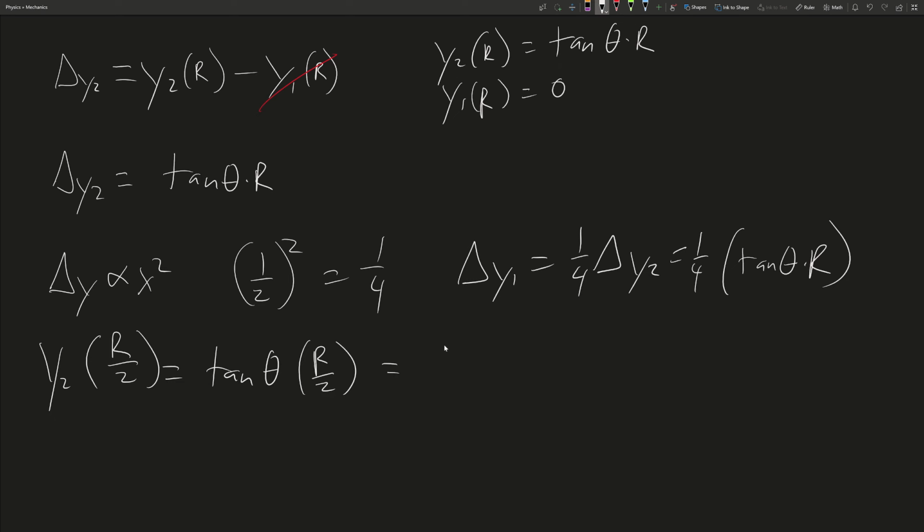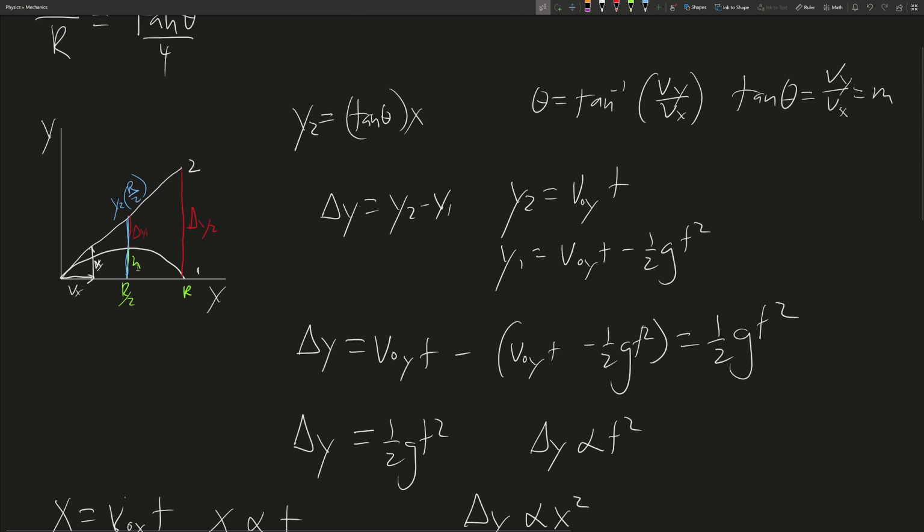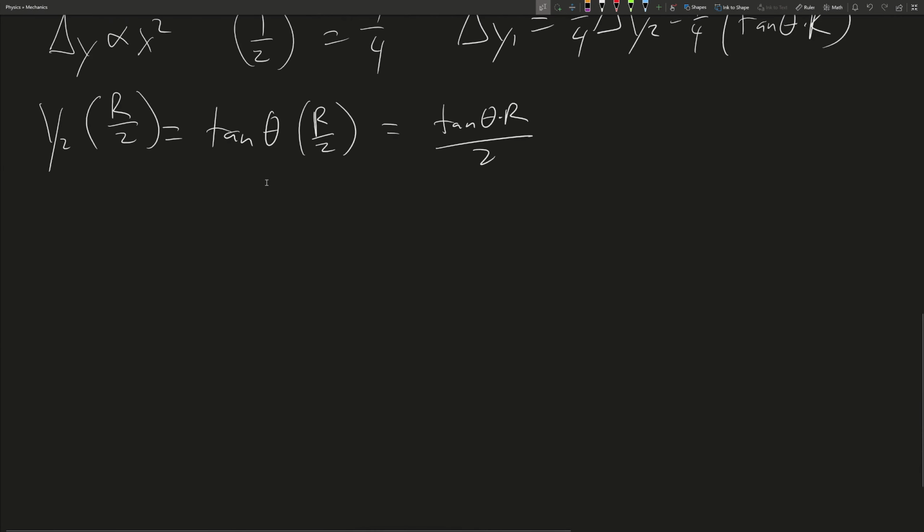So it's just tangent theta times r divided by 2. This means that this h here, the maximum height a projectile reaches, h, is equal to the total height, y2, minus the difference in height.